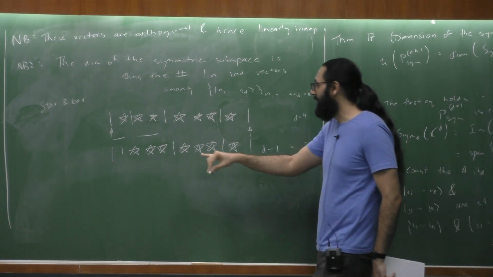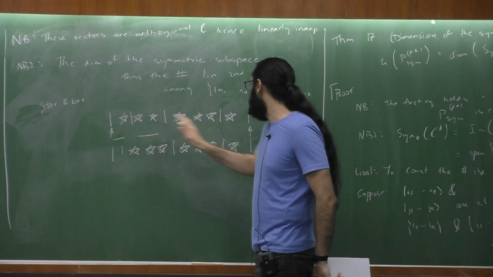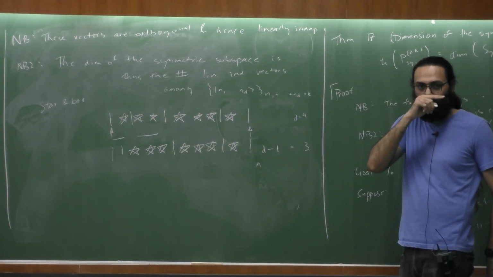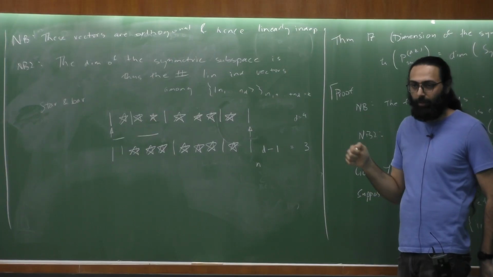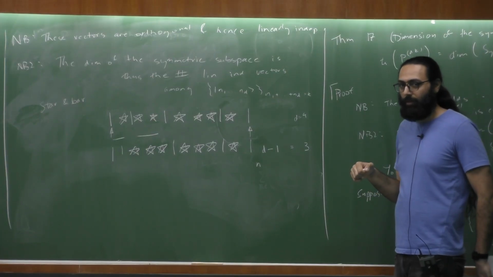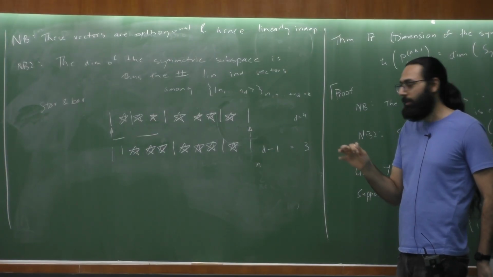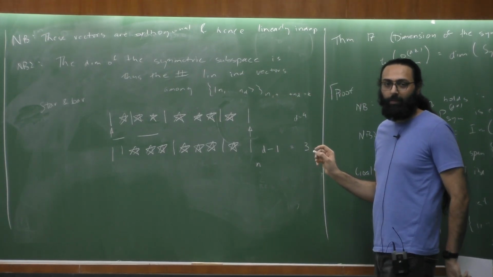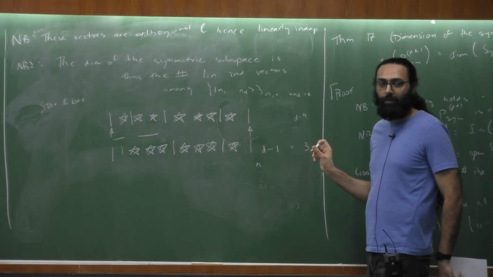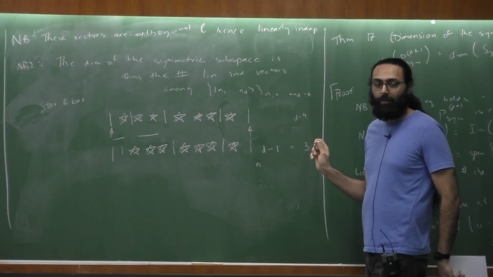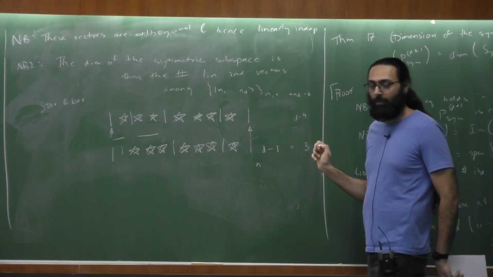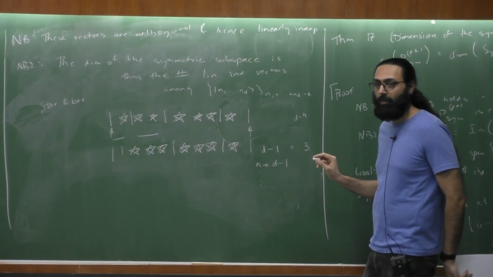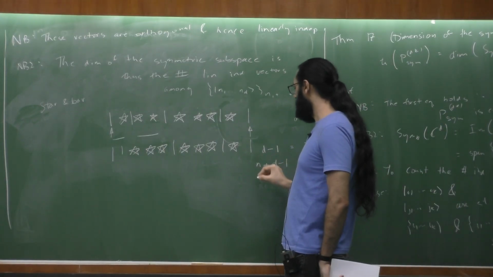Basically you have to count the number of stars and the number of bars, excluding the last two, because those are not allowed. So those are all the positions where you could potentially put a bar. How many locations do I have where I can put a bar? Number of stars minus 1, so n plus D minus 1. And then how many do I have to choose?